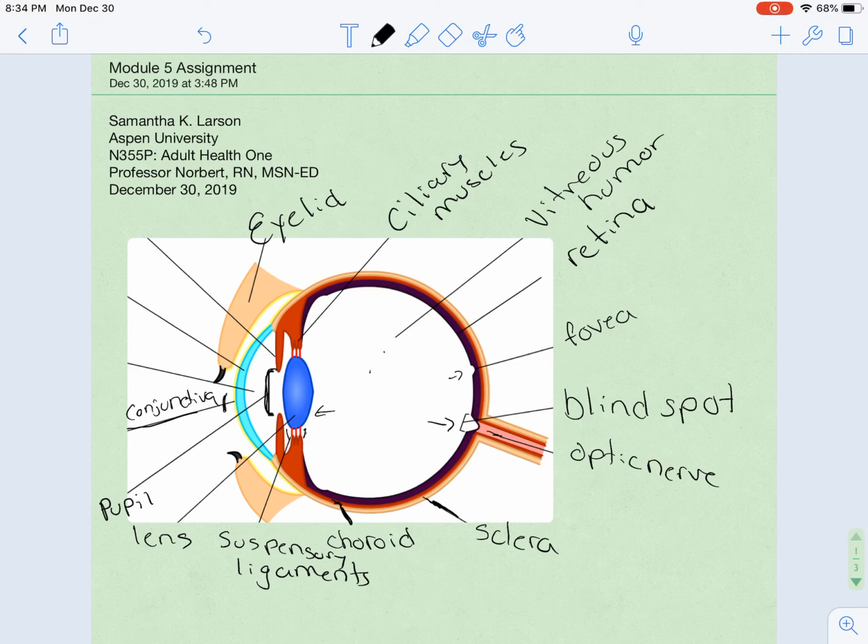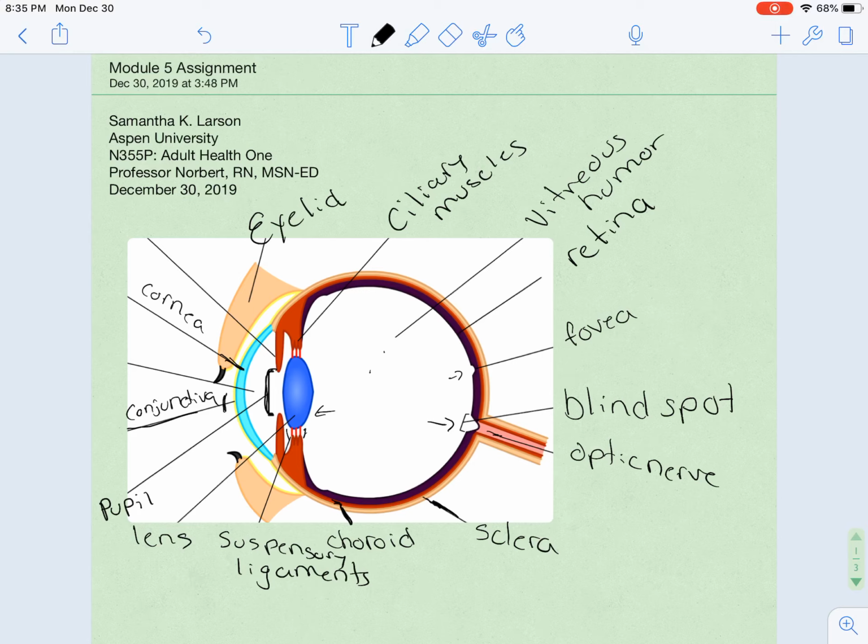And then if you go down here, just below the conjunctiva, you have got the cornea. The cornea is a clear area of the sclera, and it helps to bend light onto the retina.